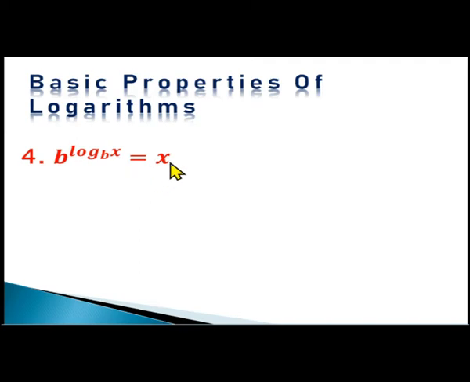To describe further, let us have an example. You have here 5 raised to an exponent that is the logarithm of 2 with base 5. What would be the value of your x? If we try to rewrite this expression into logarithm, this would become the logarithm of x with base 5 equals the logarithm of 2 with base 5.